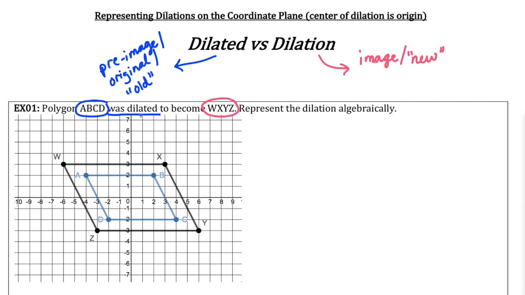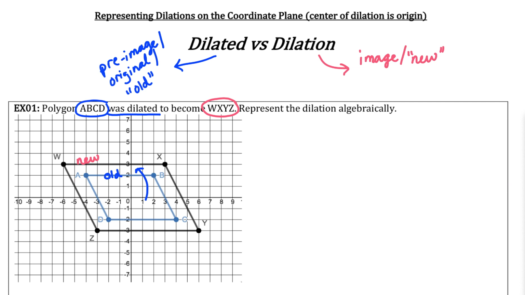ABCD is my old one, my pre-image, and that means WXYZ is my new one. So it goes from this shape to this shape. It blows up, right? So we want to represent the dilation algebraically.